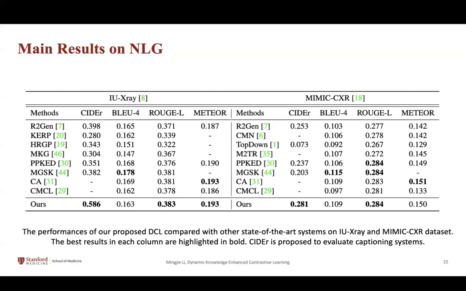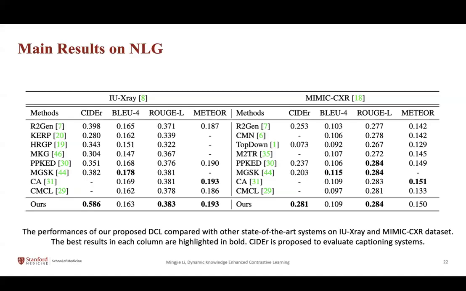So here, we compare our DCL with a wide range of existing state-of-the-art CRG systems on two benchmarks. For example, R2Gen and CMN are widely used baseline models, and KERP, PPKED, and MGSK are proposed to integrate medical knowledge with typical CRG benchmarks.